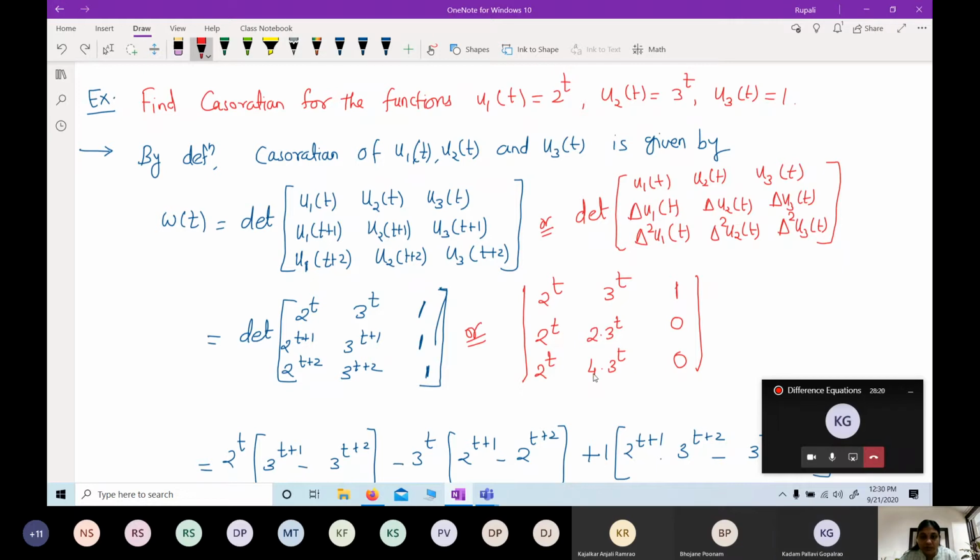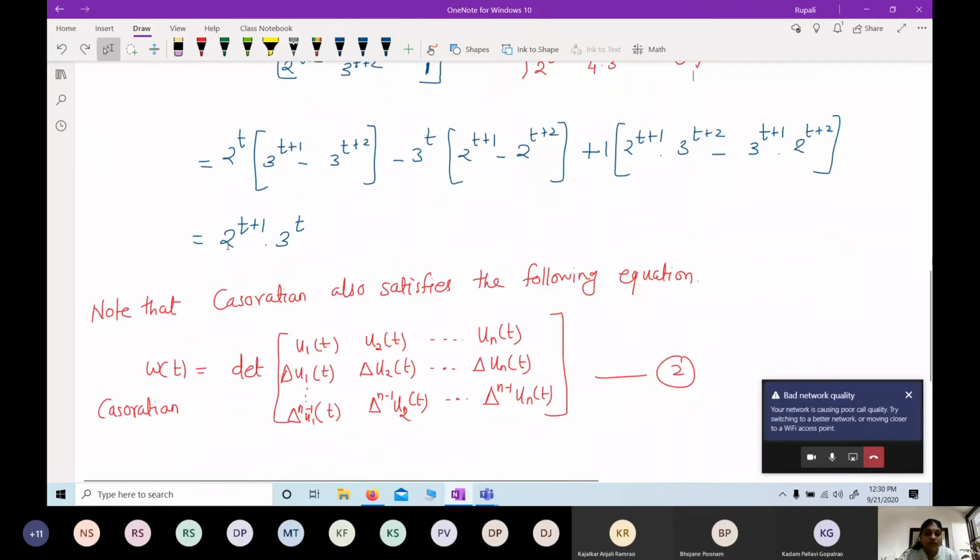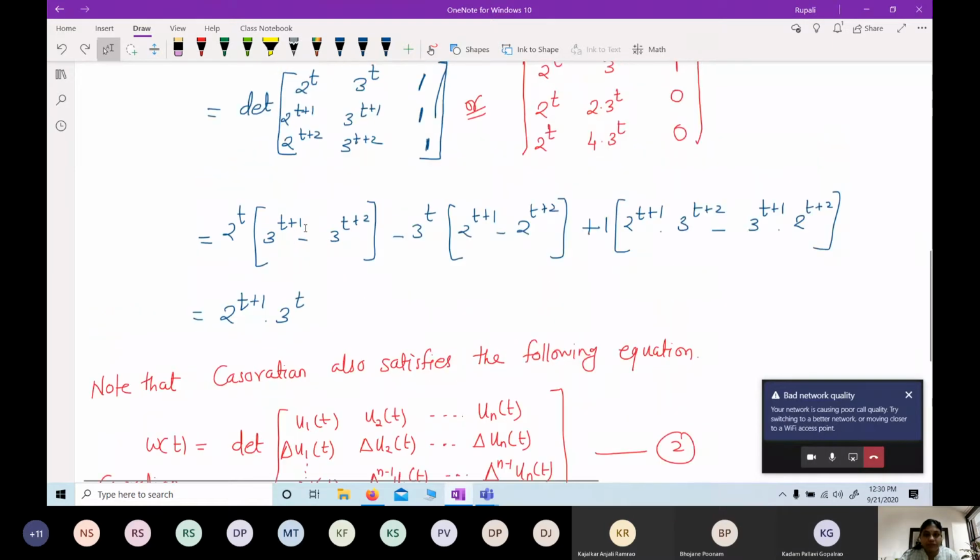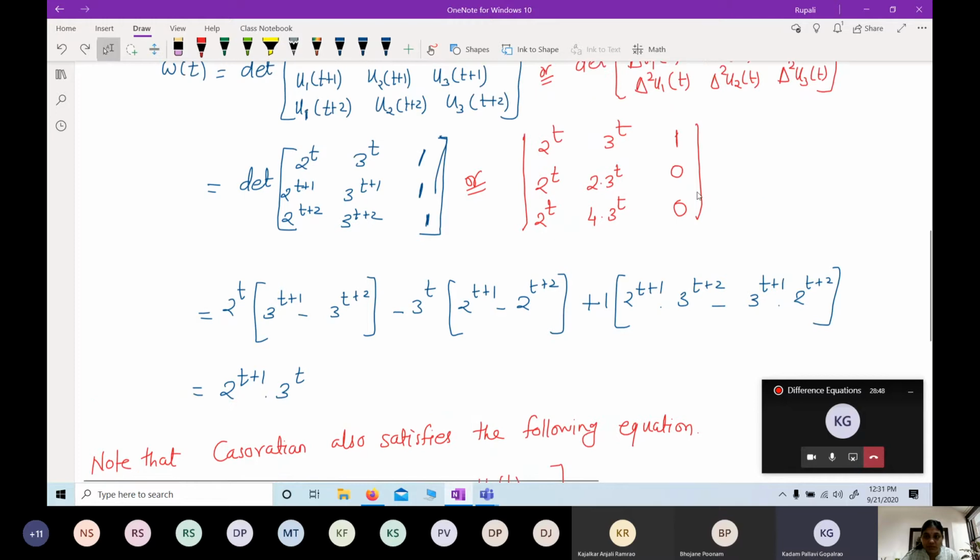2 raised to t into 3 raised to t times 2 raised to t. If you simplify, you will get this answer only: 2 raised to t plus 1 will be common, times 3 raised to t. Is that okay?